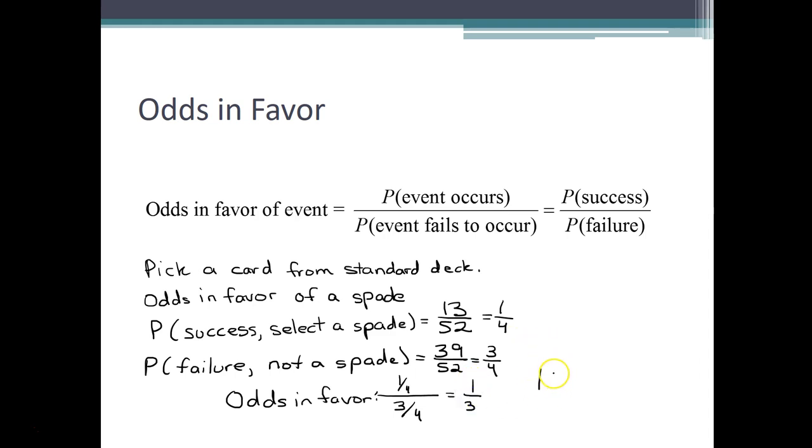But typically we write the answer either 1:3 or 1 to 3. So odds in favor are 1 to 3. So one way to get what we want to 3 ways to not get what we want. Whereas the probability of selecting a spade is 1/4, 1 out of 4. For every 4 cards, one of them will be a spade. So different meaning there. The probability of success is different than the odds in favor.